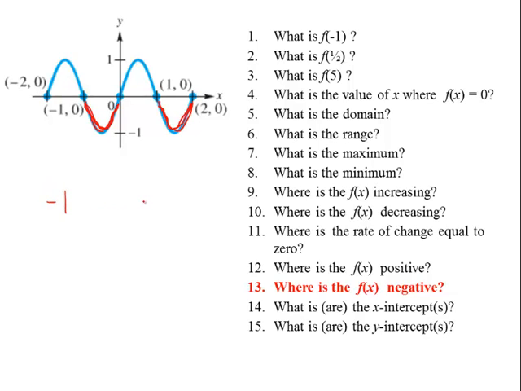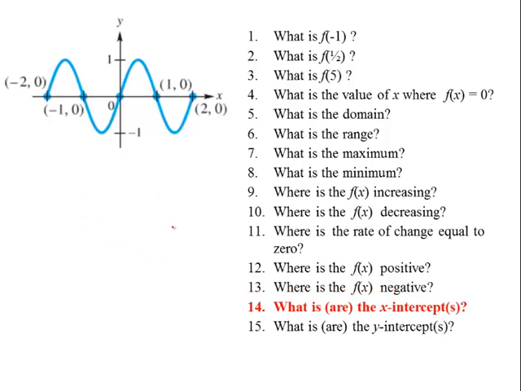So from -1 to 0, and from +1 to 2. And again, we would not use equal signs here because at these points y is 0, and 0 is neither positive nor negative.